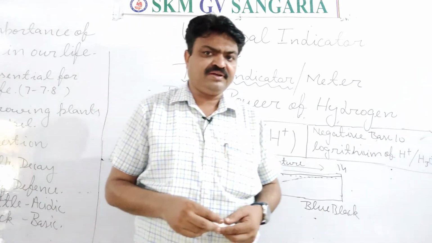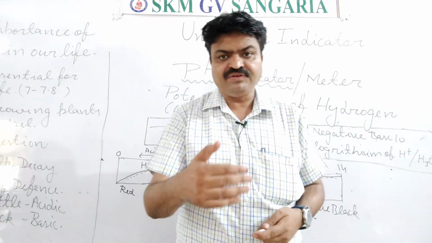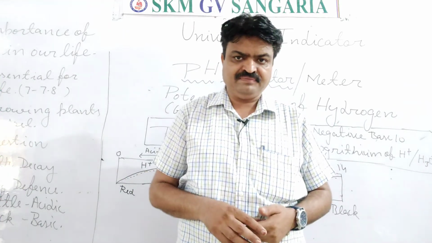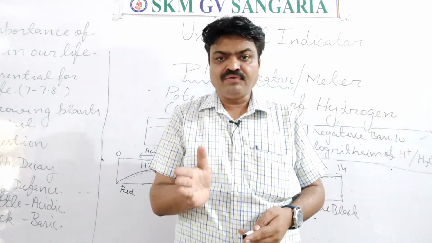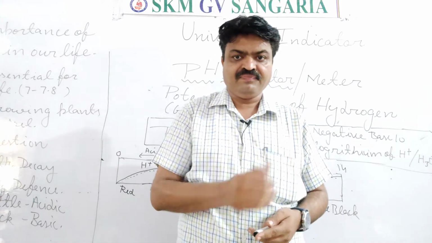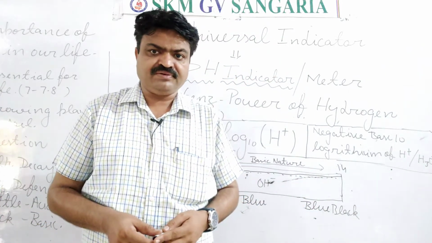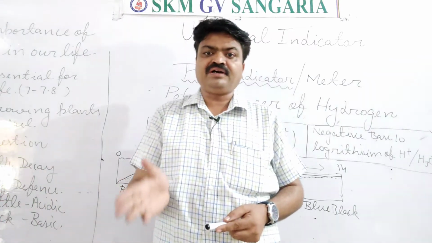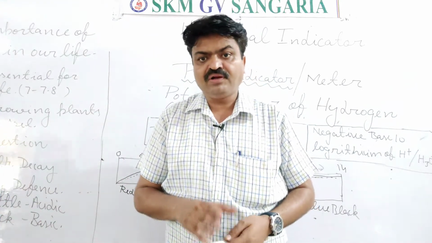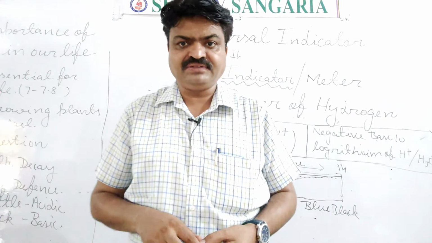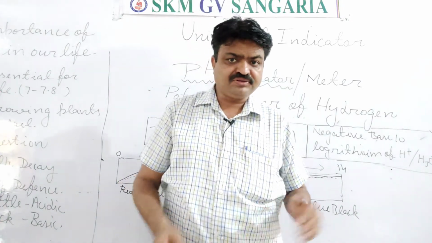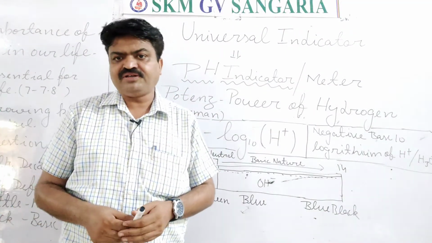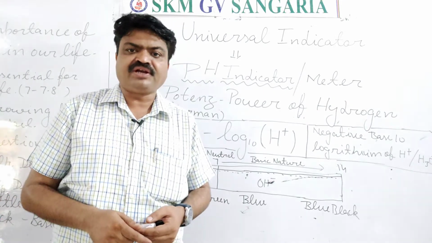And universal indicators are the indicators from which we can know about the power of hydrogen or hydronium ion. That's why they are known as pH indicator or pH meter, student. Means the indicator from which we can know the concentration of hydrogen or hydronium ion is known as pH indicator, because this word pH is derived from a German word, potenge.